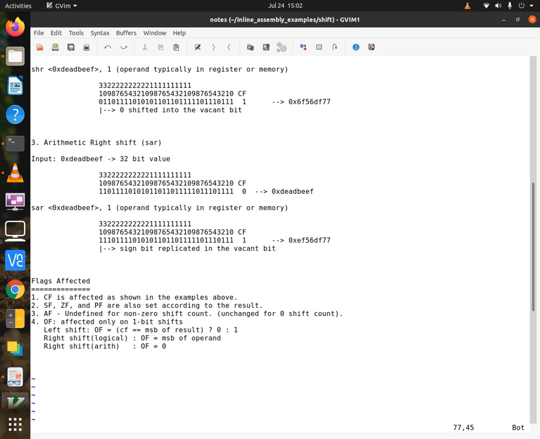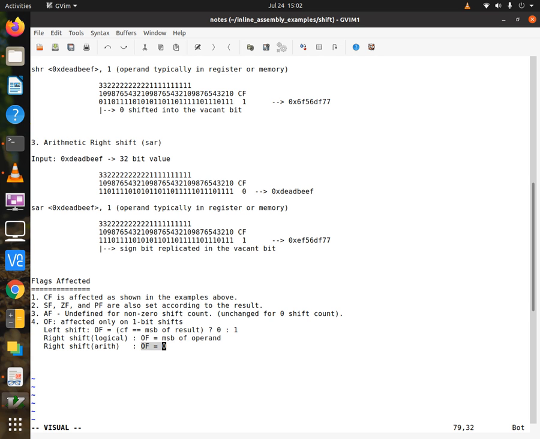If the top 2 bits of the original operand are different to begin with, after the shift, the carry flag and the MSB of the result would be unequal, so the overflow flag will be set. For a logical right shift, the overflow flag is always set to the value of the MSB of the operand, and for an arithmetic right shift, the overflow flag is always a 0.